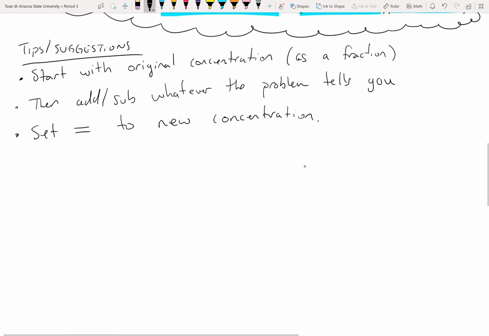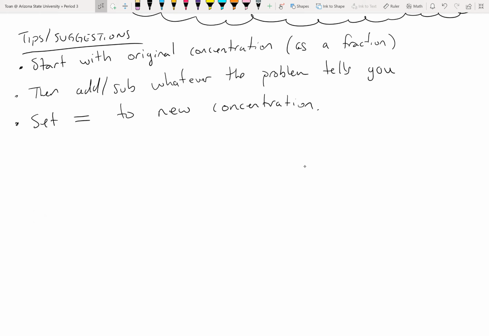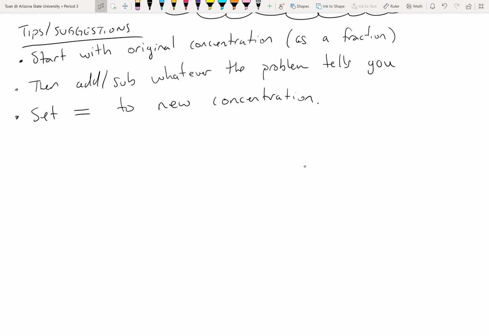You can't see the problem on my screen, but you have it in front of you. So you guys agreed, they told us we started with a 5% concentration. They told us that we have 900 gallons. So my question is, how much OJ did we start with?